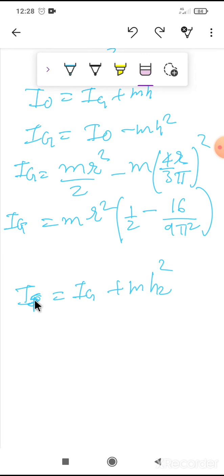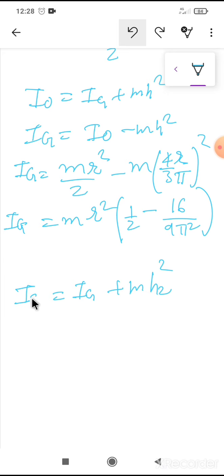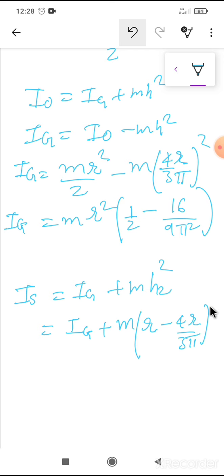So I surface will be equal to IG plus m times h2 square. I'm not putting the values yet, just denoting what h2 will be. So h2 will be r minus 4r by 3 pi, whole square.